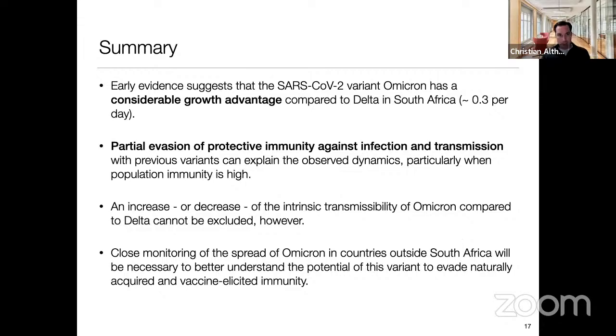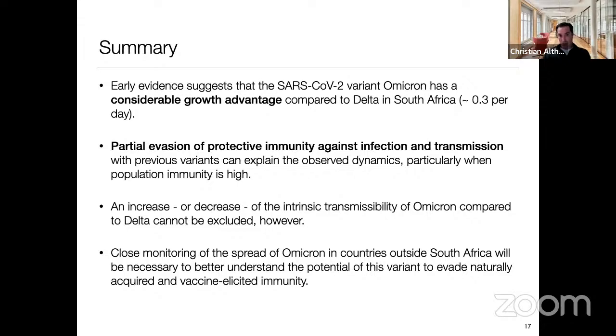So with that, I'd like to summarize what I've shown in the last few slides. There is this early evidence that the SARS-CoV-2 variant Omicron has a considerable growth advantage compared to Delta. There is still uncertainty around these estimates, but many estimates, also from other colleagues, come to about 0.3 per day.